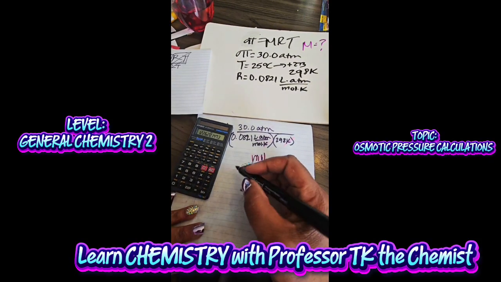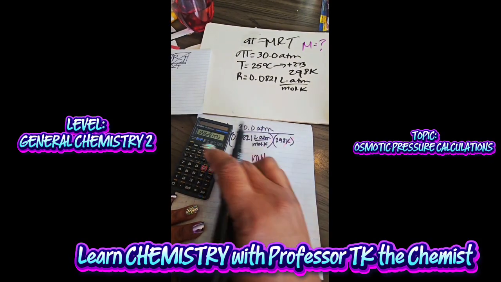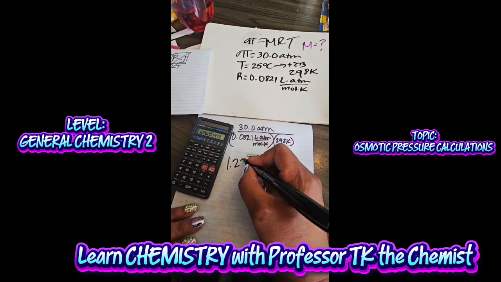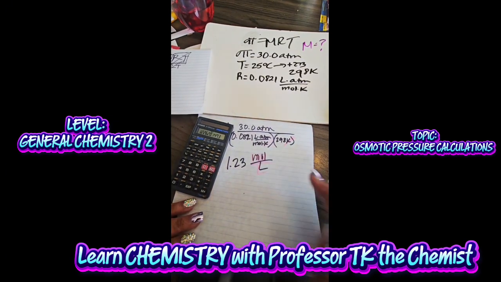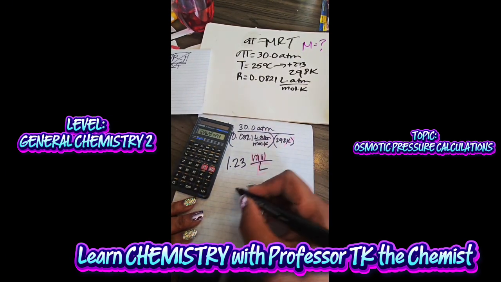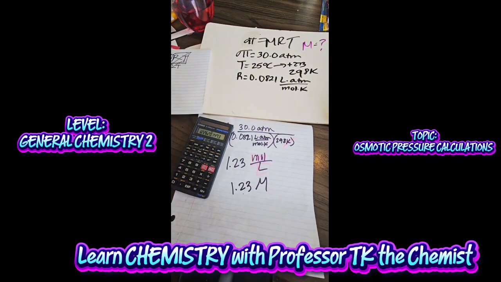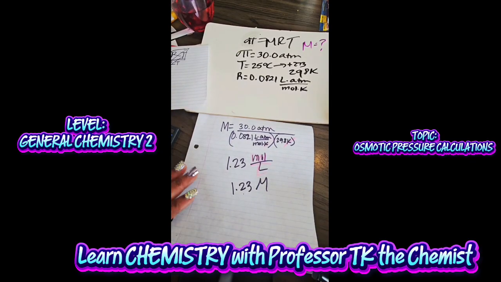Just like that, you only need 3 of those numbers. 1.226 becomes 1.23 moles per liter, which is the same thing as saying 1.23 molarity. Any questions from anybody so far?